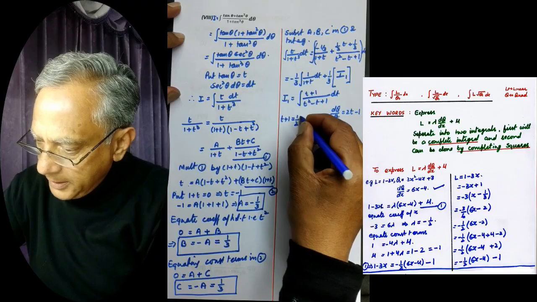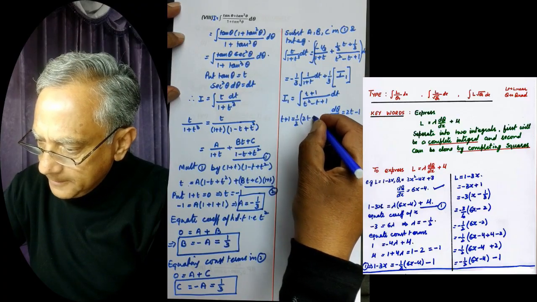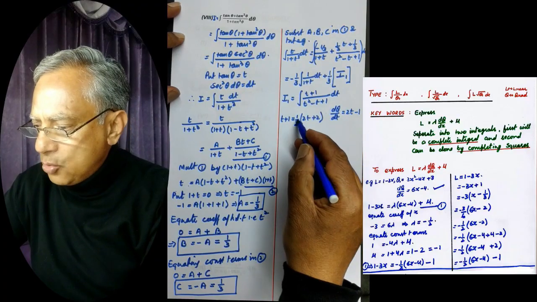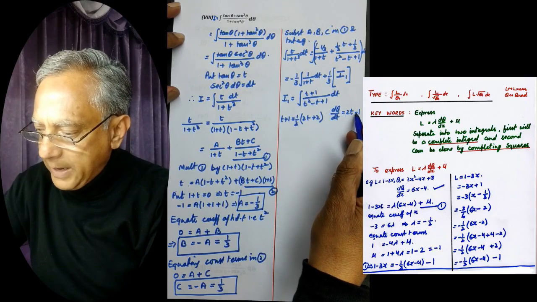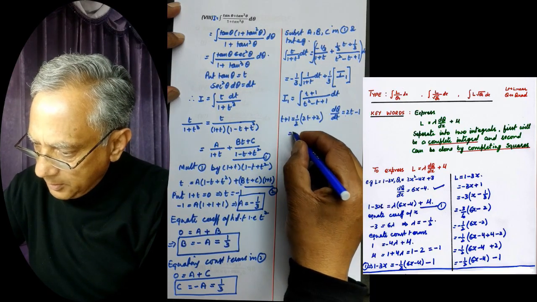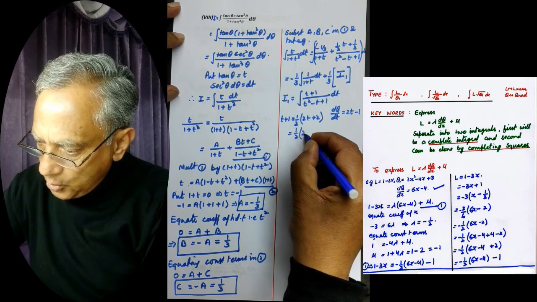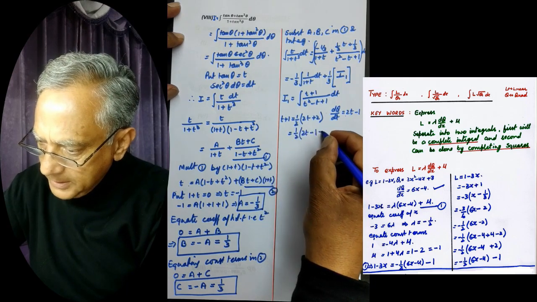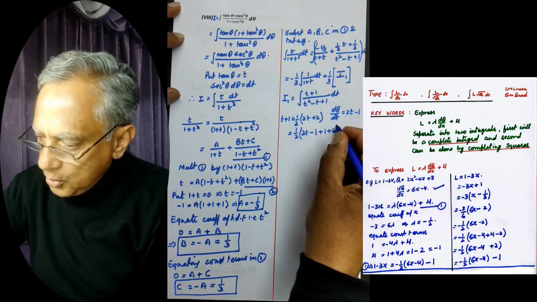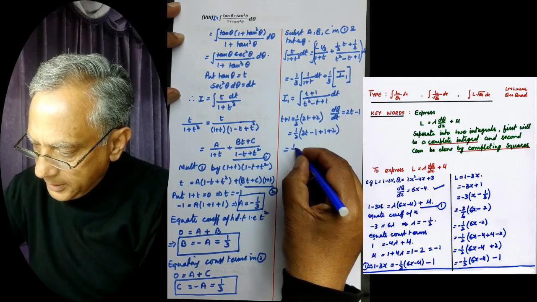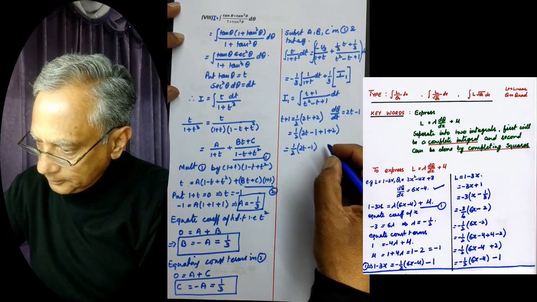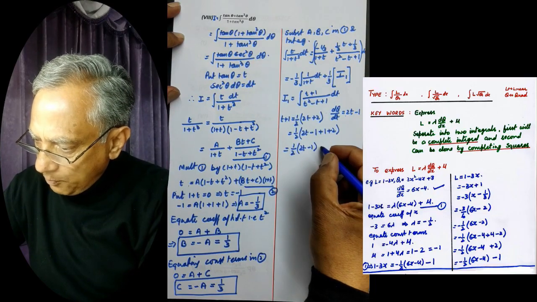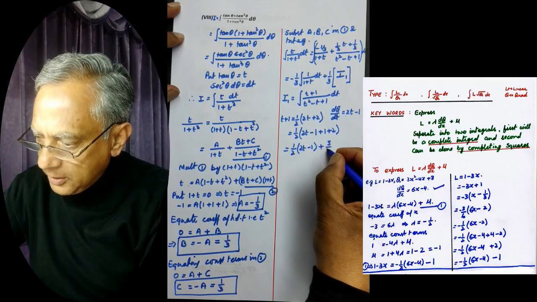So this will be 2t plus 2, multiplied by 2 and divided by 2, so that the coefficient of t is 2. Now we need minus 1, so we write 1 by 2 into 2t minus 1 plus 1 plus 2, which is 3. So plus 3 by 2.